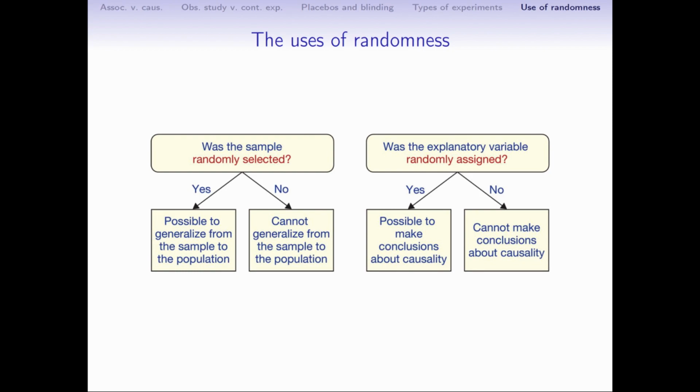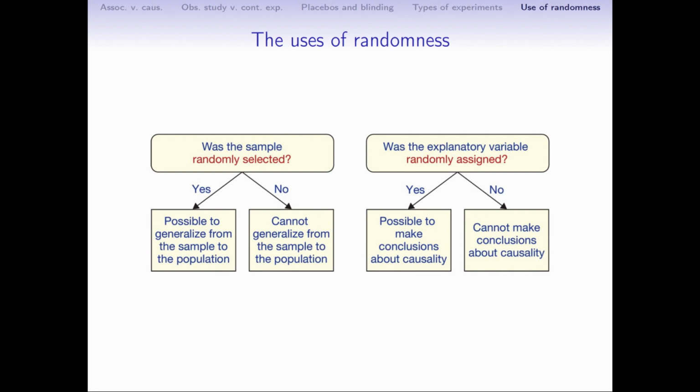So randomness gets used in two important ways in statistical studies. We can really think about it by exploring this little chart here. A question we might ask ourselves is, was the sample randomly selected? So when you went into your population, did you draw out a sample randomly or not?